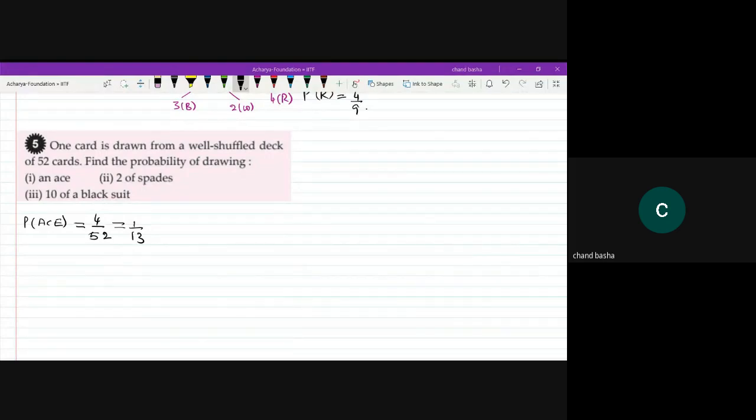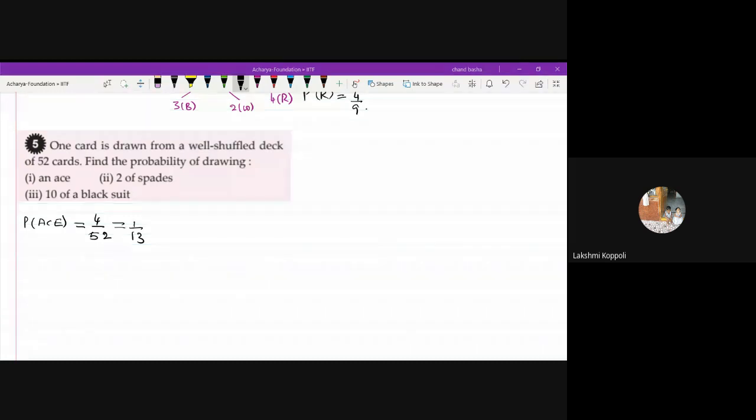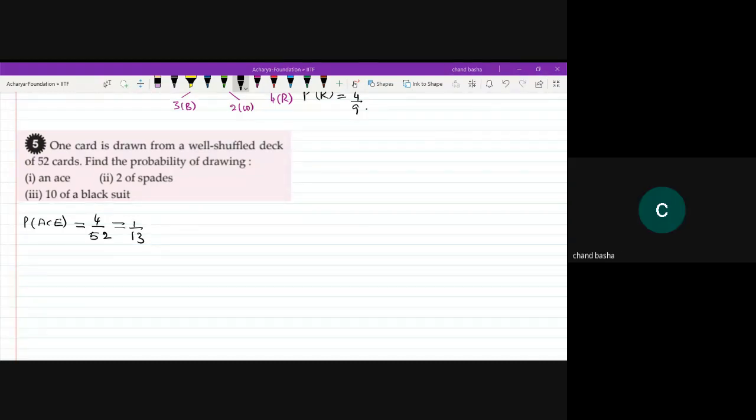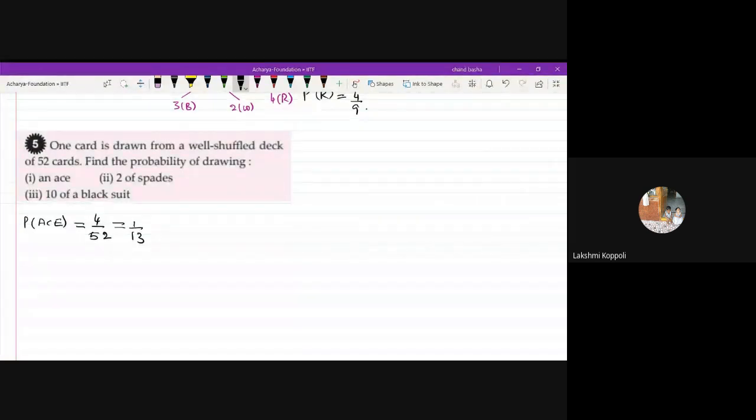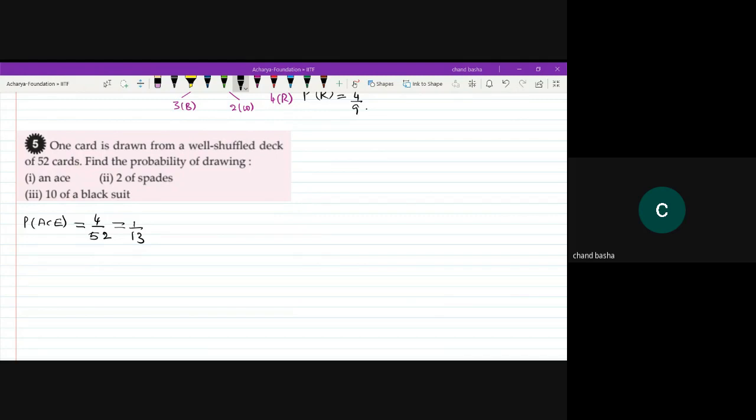Girish, anyone? Answer for the second one. 1 by 26, sir. You are getting 1 divided by 26.